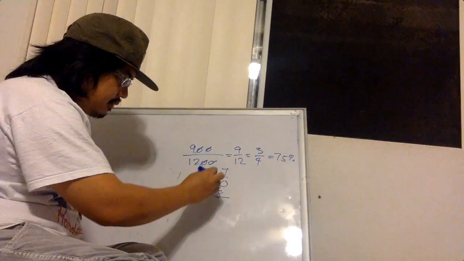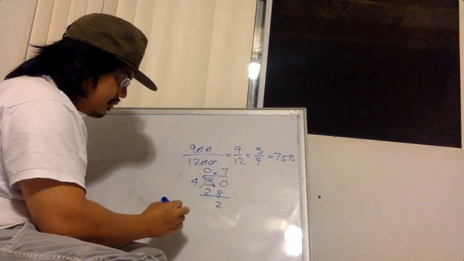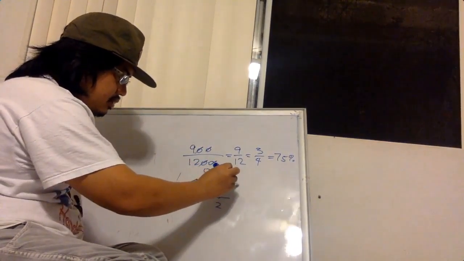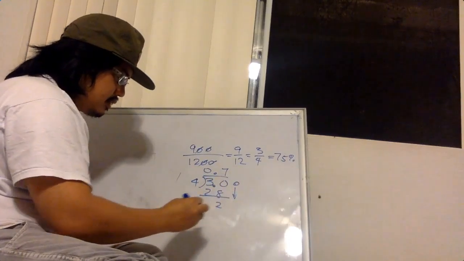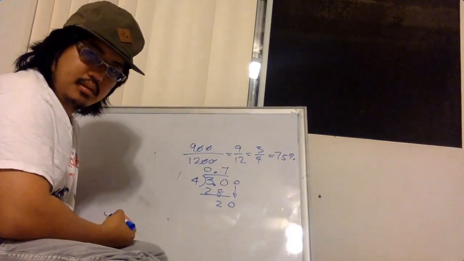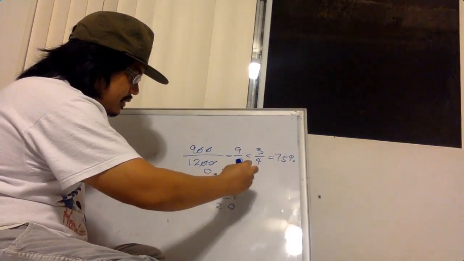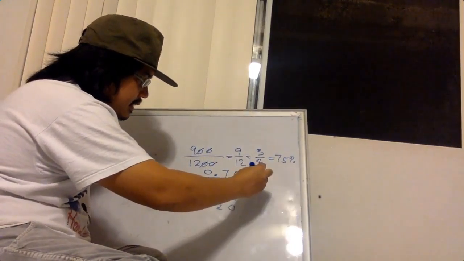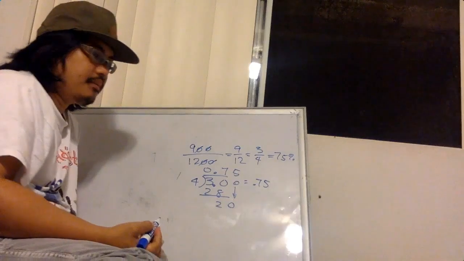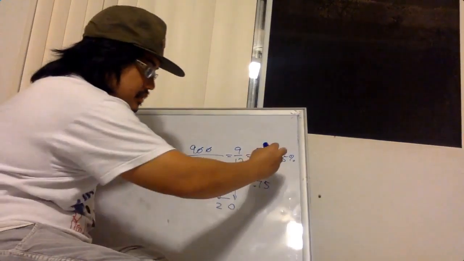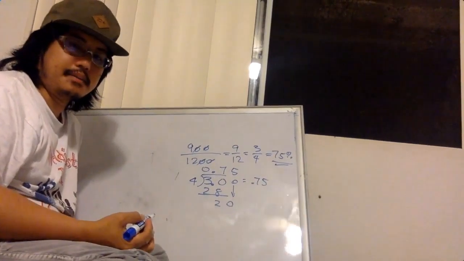Drop this down. This becomes a 2. I'm going to add an extra 0. How many times can 4 go into 20? That's 5 times. Like I said, 0.75 is your answer, but it expresses a percentage, 75%.